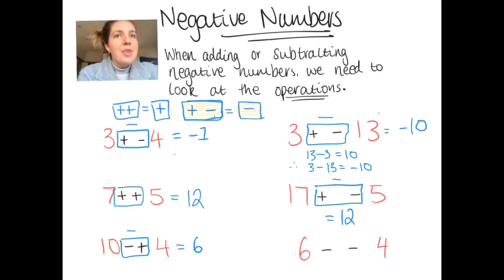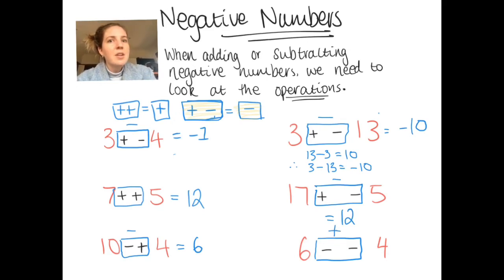Last one, this is going to be the one that explodes. When you have two negatives, just like in magnets, they do not like each other. So two negatives together actually make a positive. I'm going to do that in red pen and I'm going to do it in the middle.